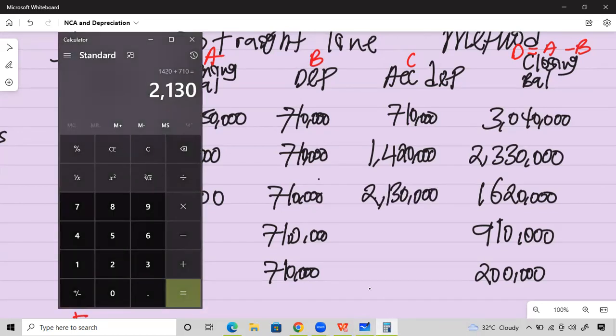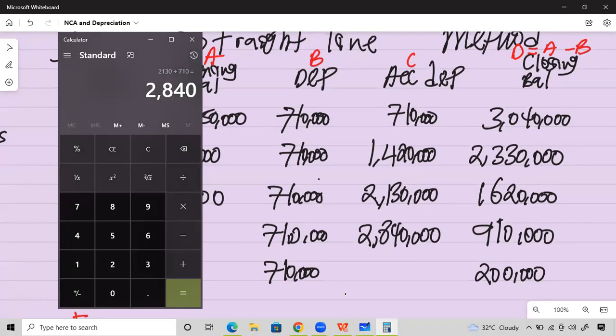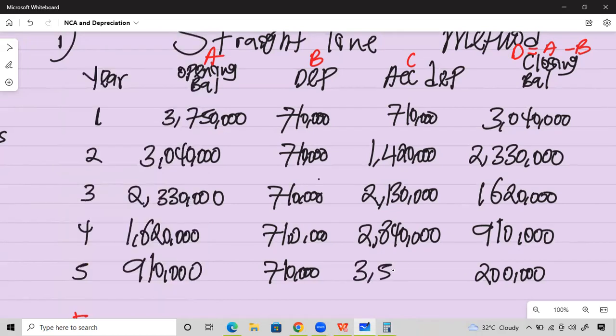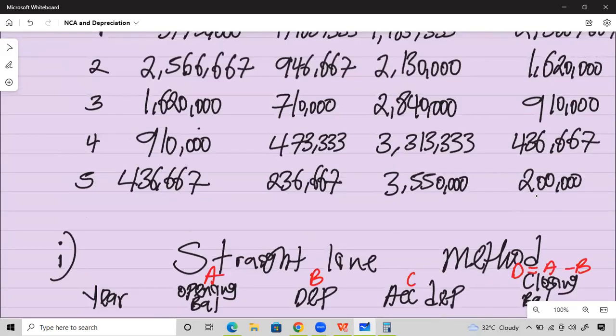Plus 710 as well, we have 2,840,000. Plus 710. So you can see now that regardless of the method that we use, the closing balance must be the same.